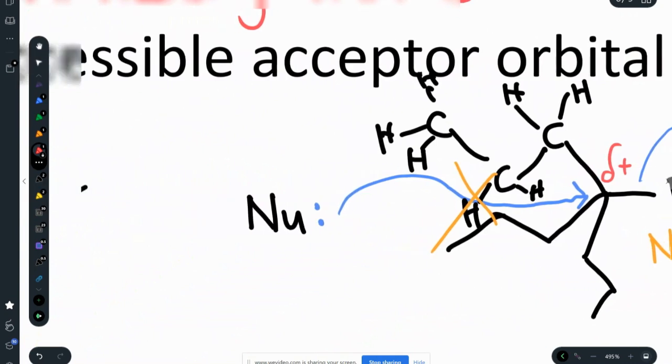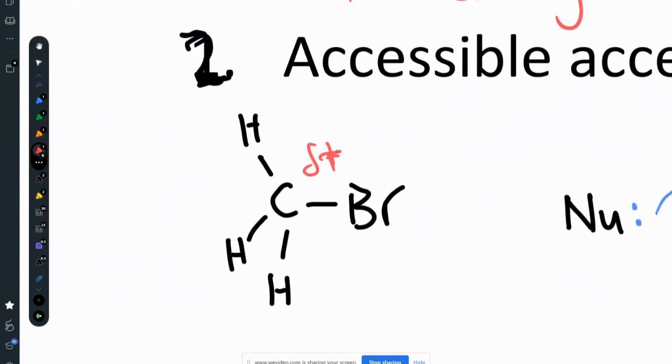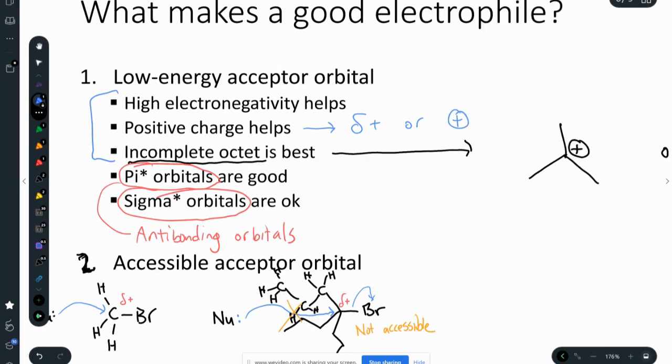If I had this molecule and my nucleophile wants to attack it, how's that going to go? Yeah, really smooth. Nothing in the way, right? So you want your electrophilic site to be accessible.